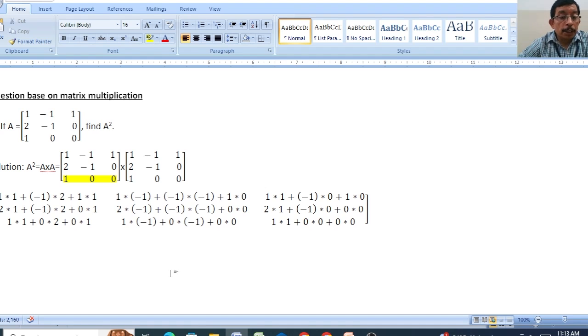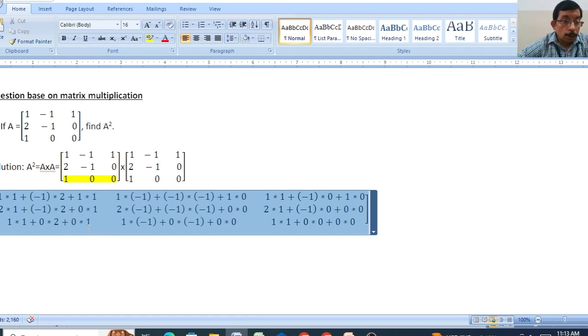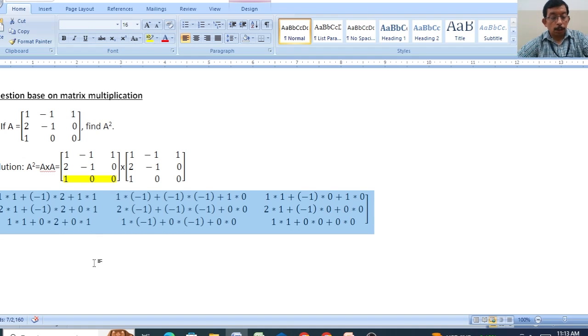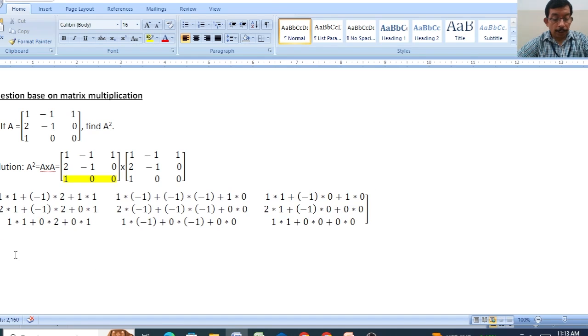The multiplication of each column of the two matrices is complete. Then we solve in the next step. Note down in the next step and simplify it.